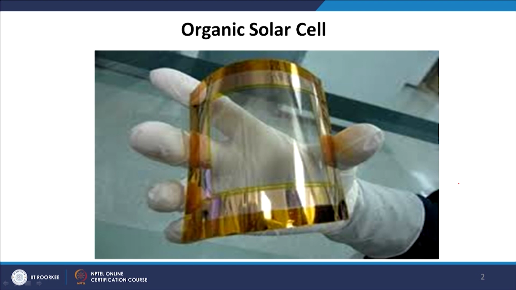Imagine we decorate our building in such a way that every wall is transparent, but we can still do our indoor lighting using those transparent windows, which now behave as solar cells. So organic solar cells provide some advantages over the conventional solar cell in terms of flexibility, lightweight, compactness as well as transparency.